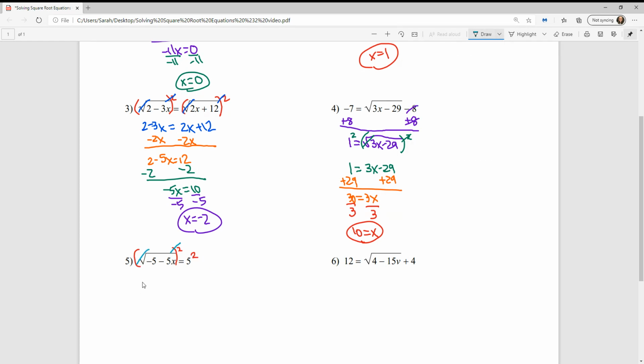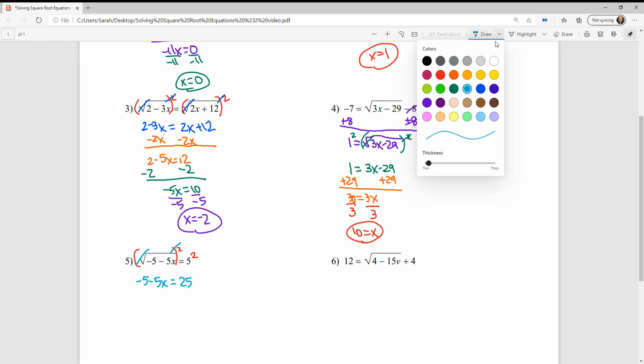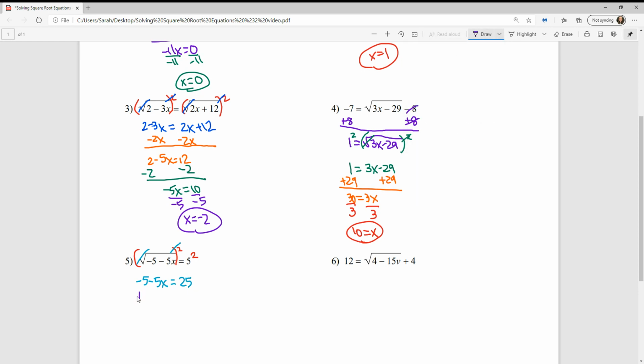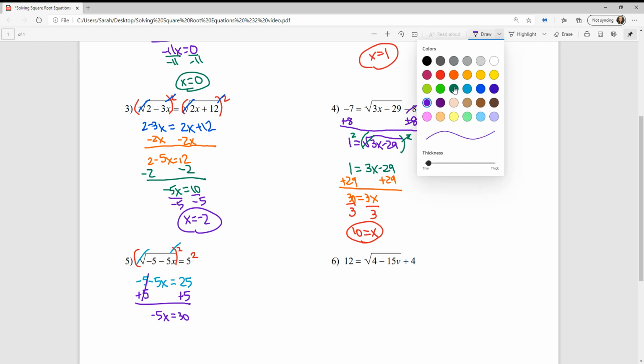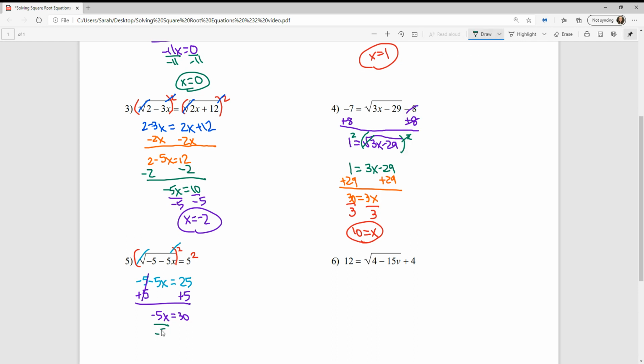Root and squared cancel, so I'm left with the under the root stuff on the left-hand side. Right-hand side, 5 squared is 5 times 5, so 25. From there, solve it like usual. Add 5 to both sides to undo minus 5. And then divide by the number in front of x. We end up with x equals negative 6.